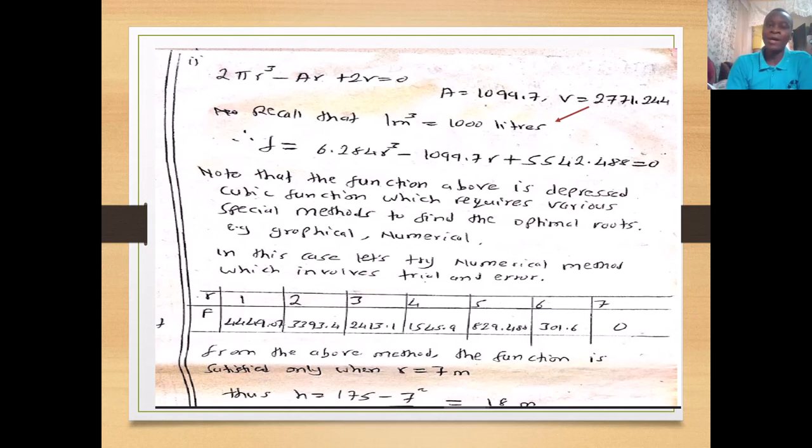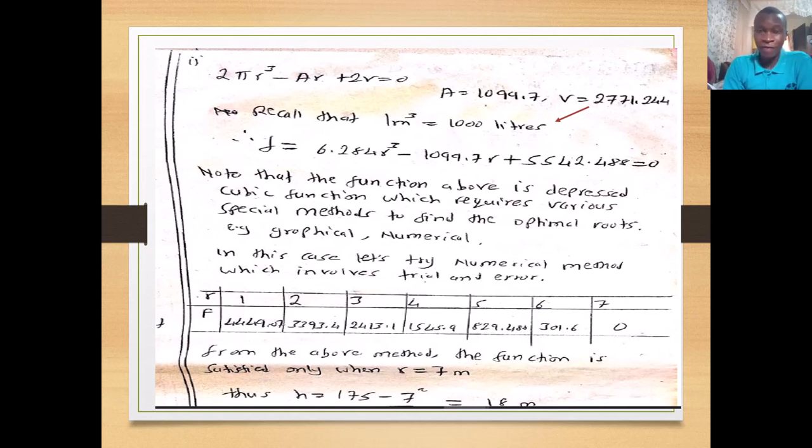Now this is where a student needs to be very keen when applying Bohr's optimization model, and it is not hard, it is very simple. Recall that the volume is given in liters, and here we are dealing with meters.